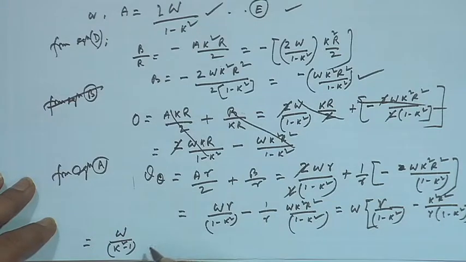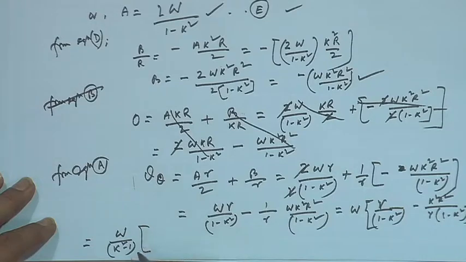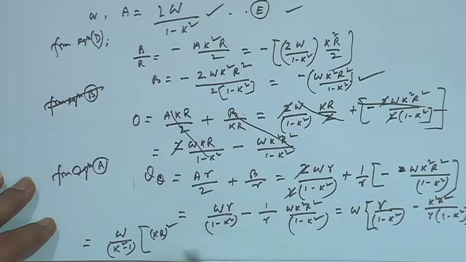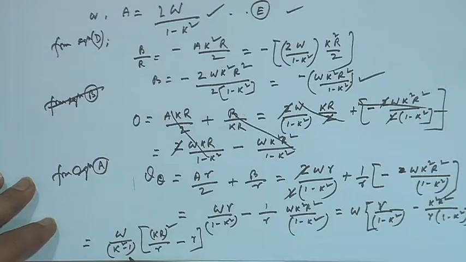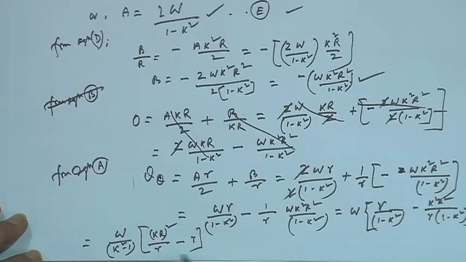So, that becomes equal to this into, then first term is this one, k r square divided by this, r remains there, right, and this r then goes there, minus r. So, omega by k square minus 1 into k square r whole square by r minus r. This form and this form are the same. So, we can say we have done the right thing.